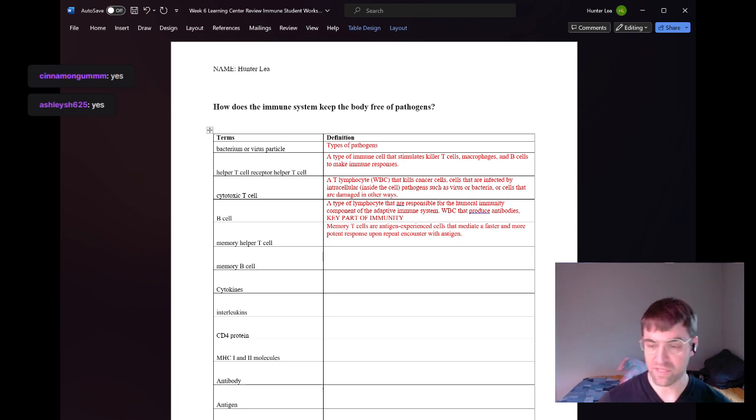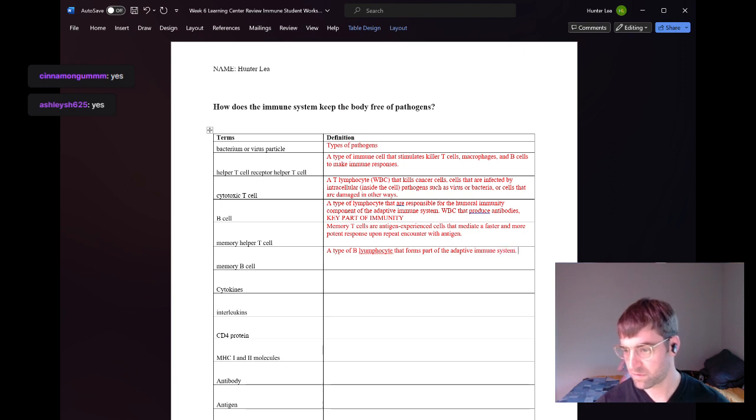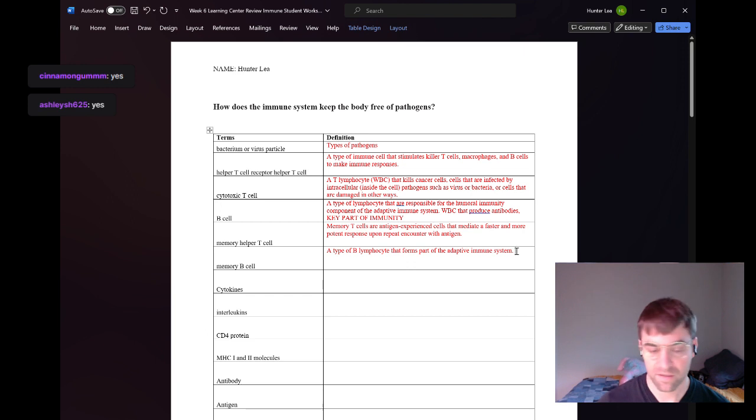Similarly, memory B cells are a type of B lymphocyte that forms part of the adaptive immune system.